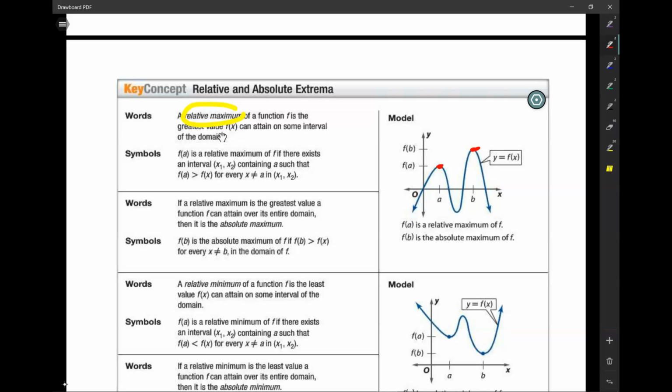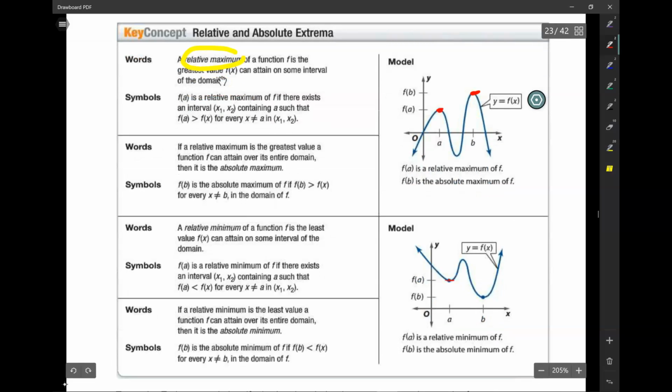So when you're at around x equals a, this is a relative maximum. At around x equals b, this is a relative maximum. It's called a maximum because it's the top of a mountain. If you go down here, the valleys are called relative minimum.